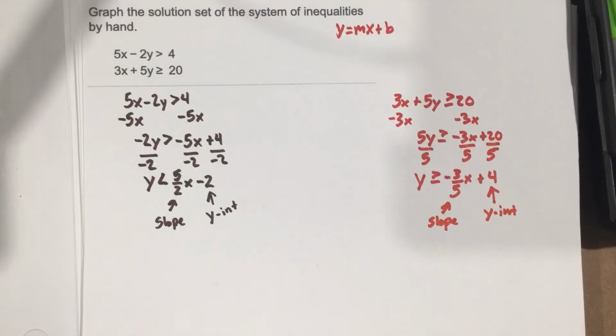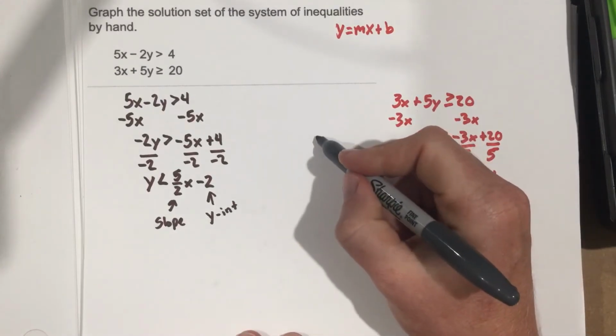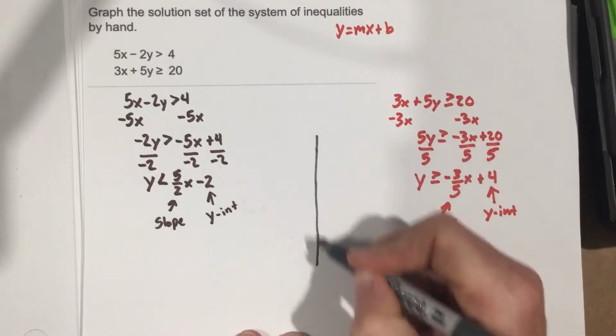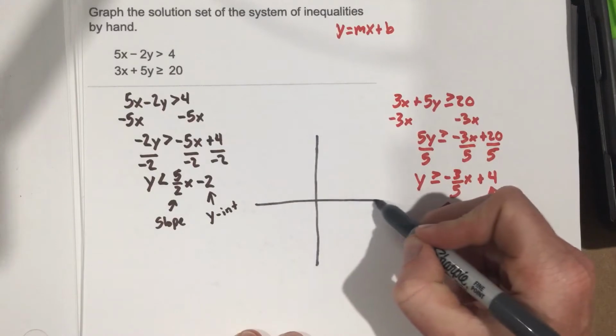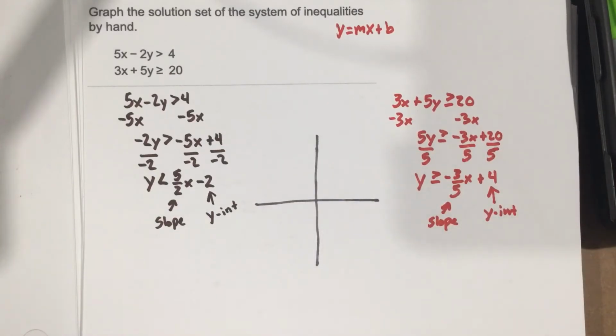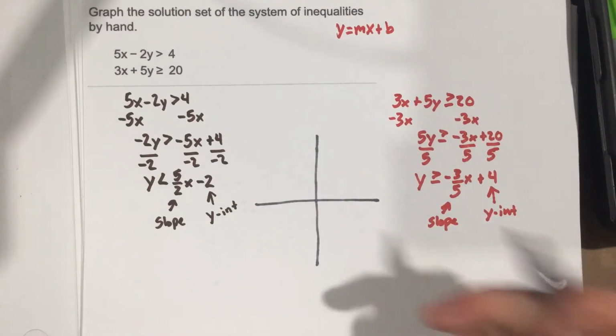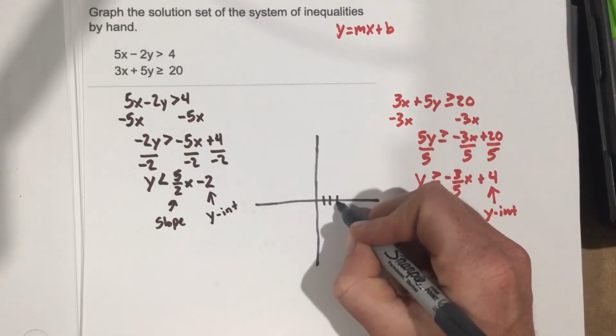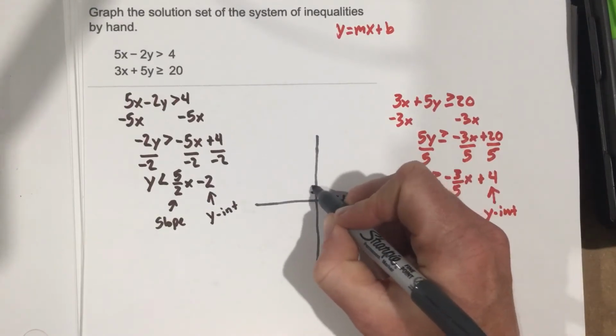So now that I have them both in slope-intercept form, I'm going to draw the coordinate plane and graph both inequalities. Start with the brown inequality. Well, first let's mark the 5s. 1, 2, 3, 4, 5. 5 on each side.